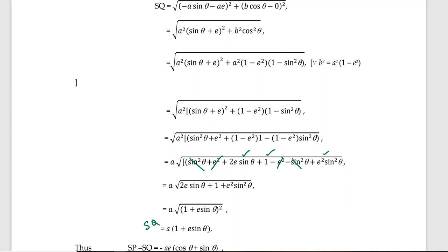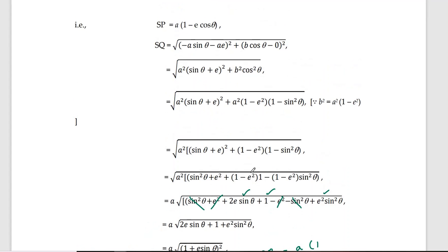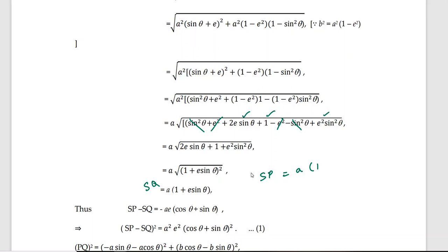So we have already got SP, and now that we have this, SP we had as A into 1 minus e cos theta, and this one is minus of A into 1 plus e sin theta.